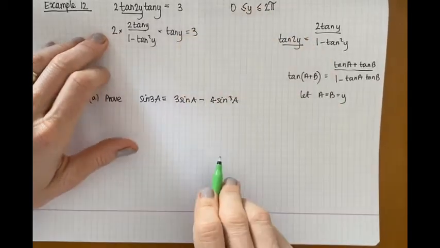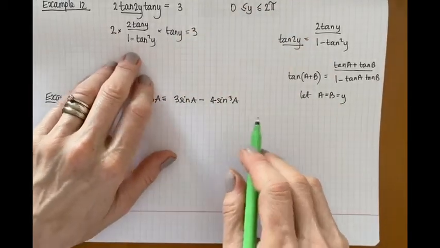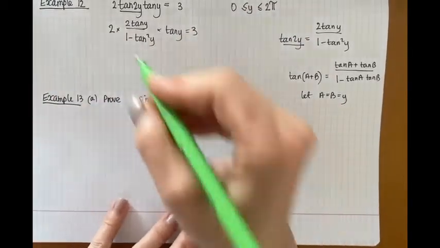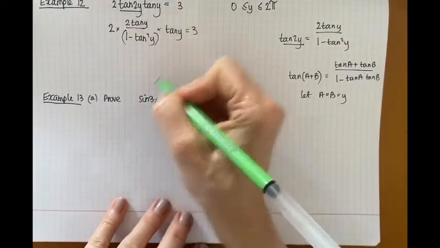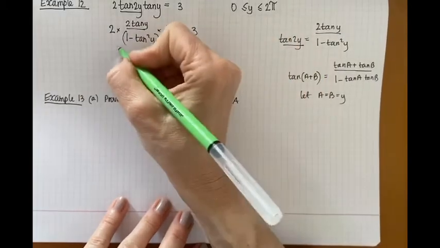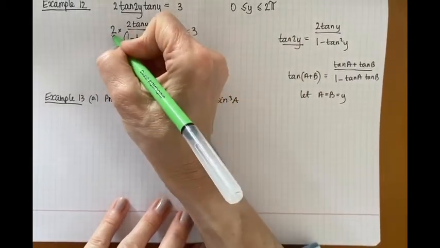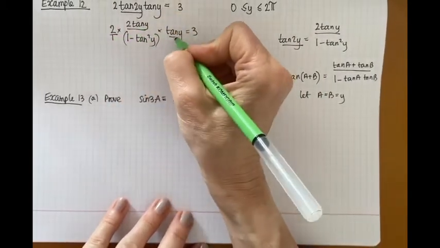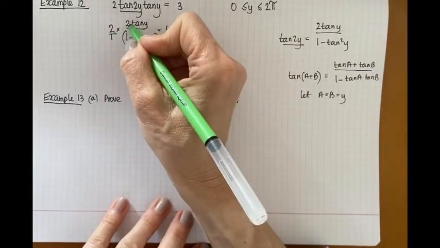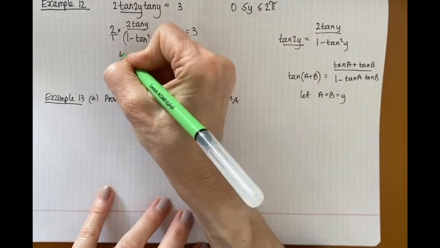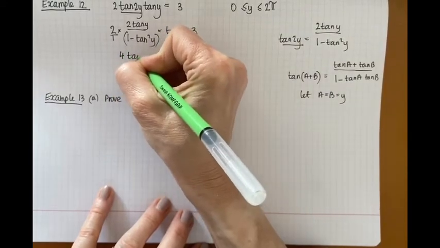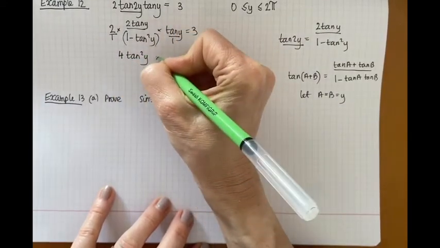Okay, so what I'm going to do here, to get rid of fractions, I don't like the fractions, I'm going to multiply it by 1 minus tan squared y, so it will effectively go onto this side. Here we will have 2 over 1 and then tan y, so you've got 2 times 2 tan y times tan y, so it's going to be 4 tan squared y left on this side.